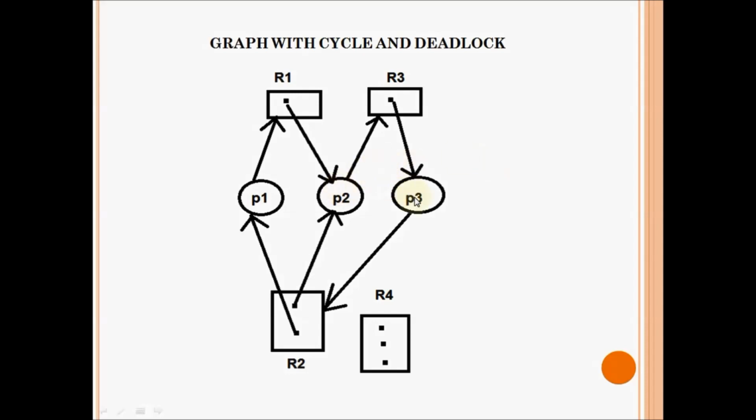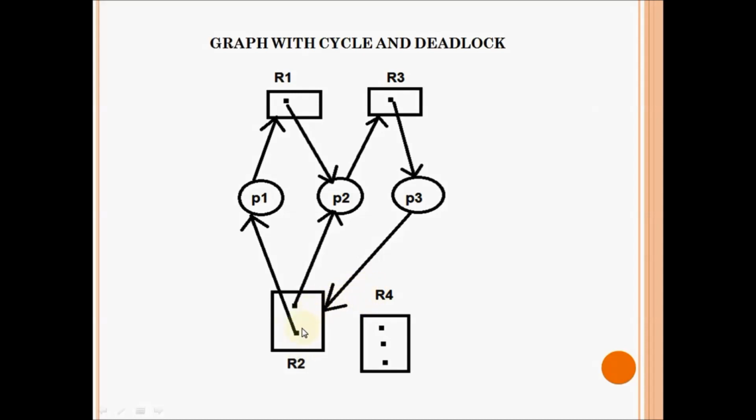See here. I will start with the P3 process. P3 is holding an instance of R3 and it is requesting an instance of R2, right?